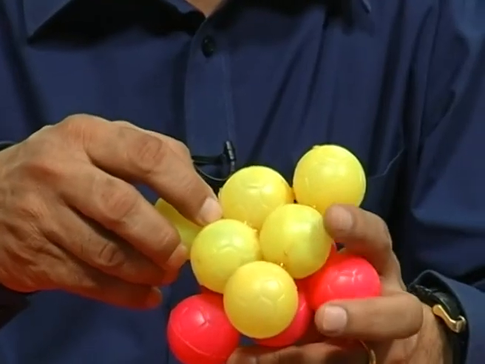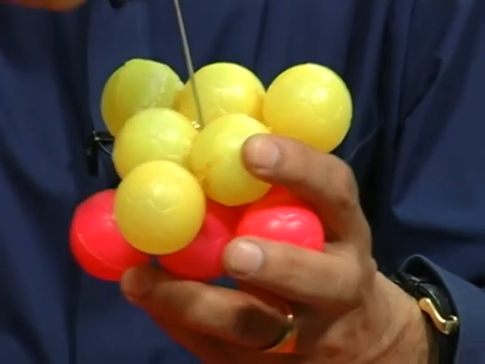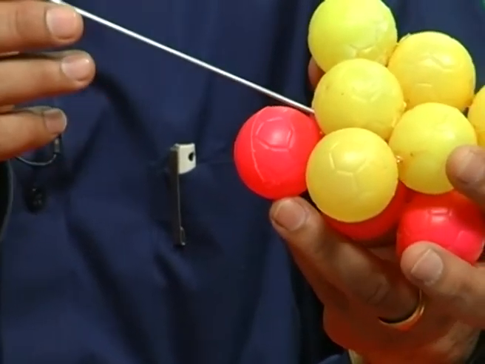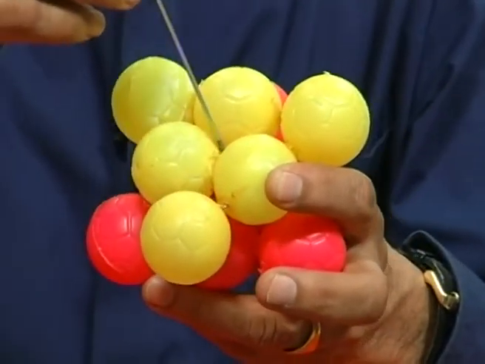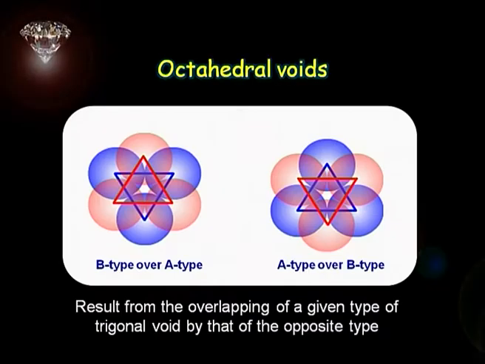Now, when that happens, right between the two, you can see it from the side here, there is a void. That void is your octahedral void, because there is one trigonal void and another trigonal void of opposite type, and the two are overlapping and generating an octahedral void. So, as I have been telling again and again, octahedral voids are formed by the overlapping of a given type of trigonal void by a trigonal void of opposite type.